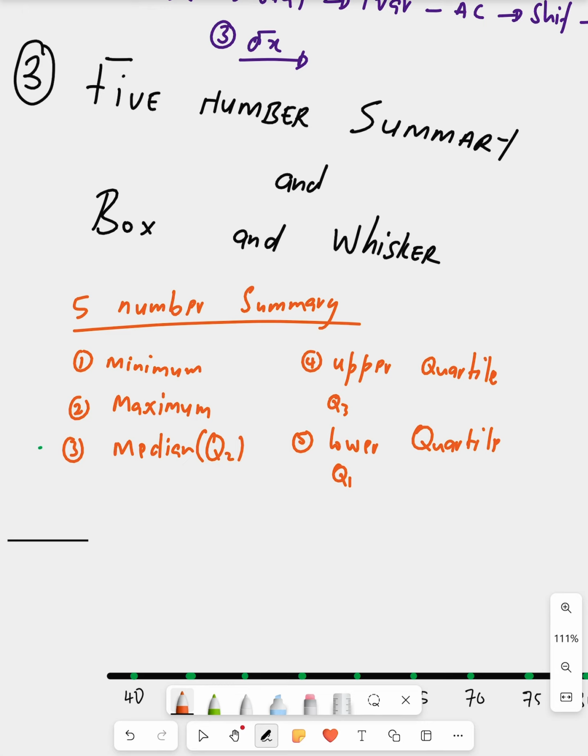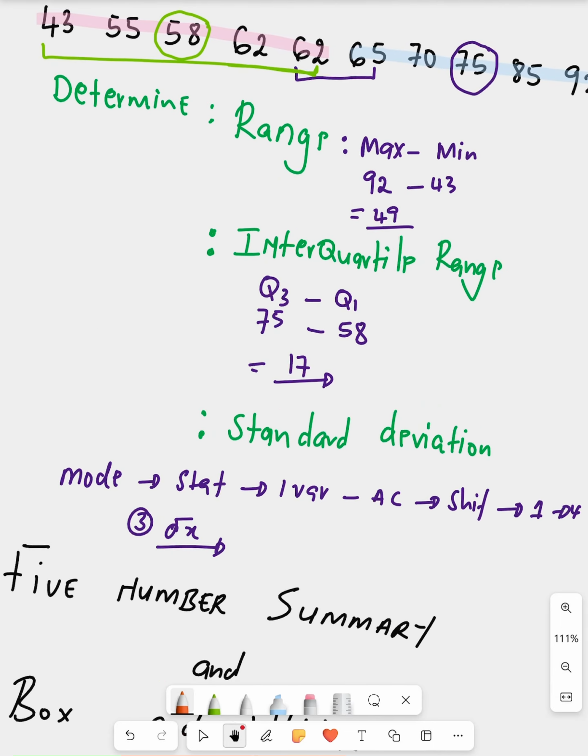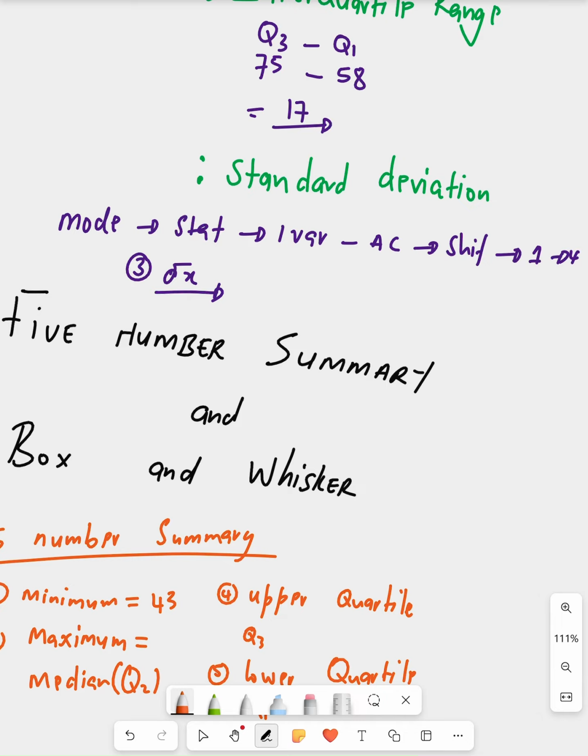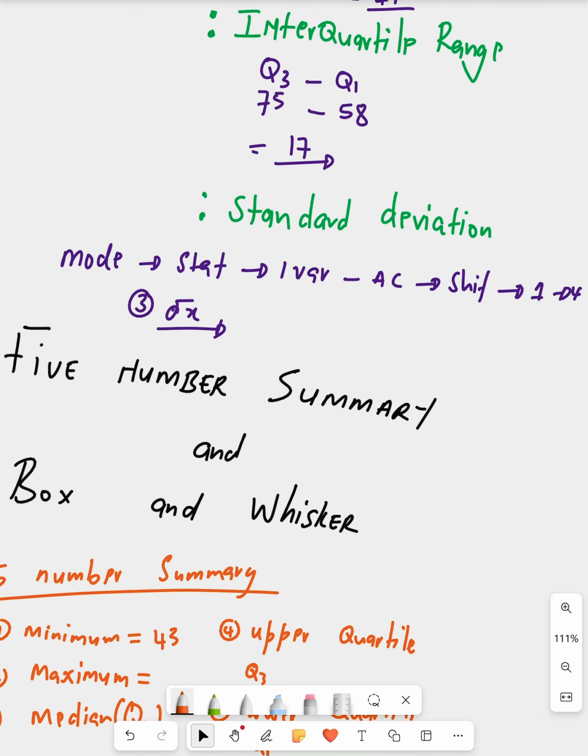Now from the above data, we said our minimum is 43. We said our maximum is 92.